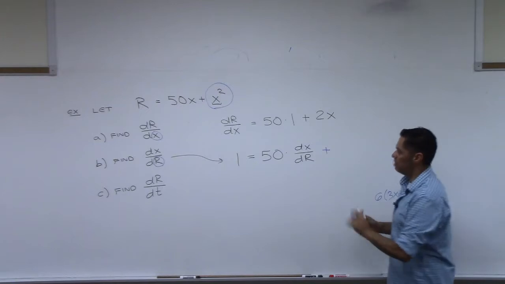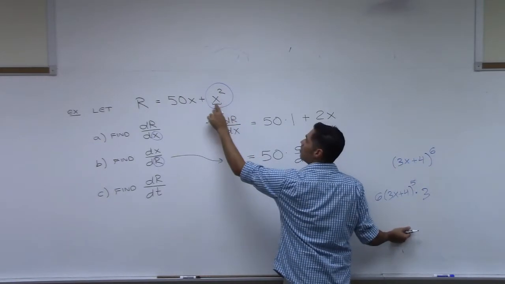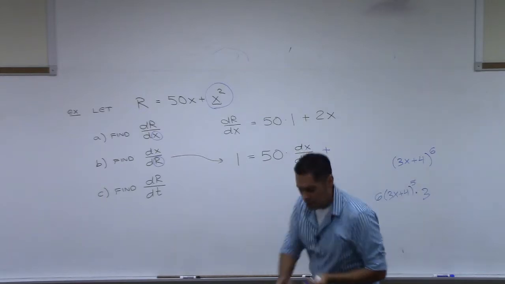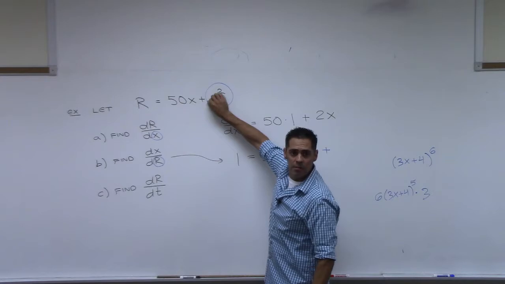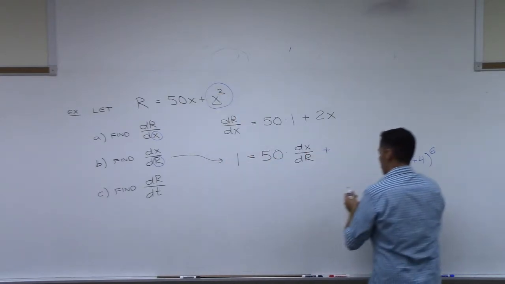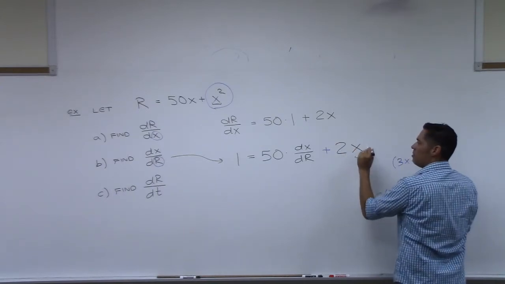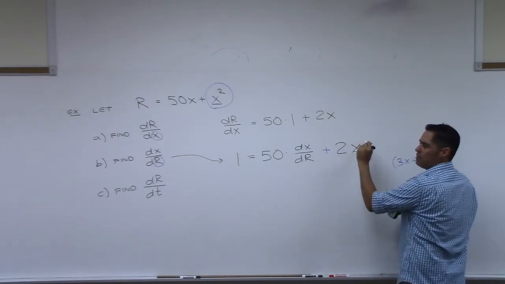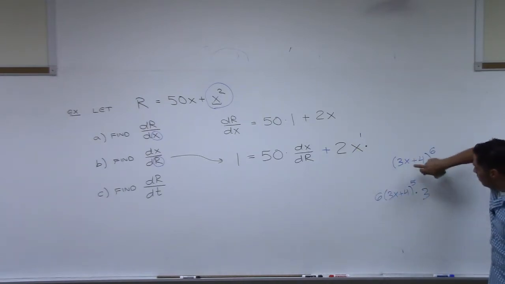Now watch. So I treat it like this. First, it's like I have my dirty cloth squared. What's the derivative of my dirty cloth squared? 2 times my dirty cloth, which was x, to the 1st power, times now the derivative of what's inside.